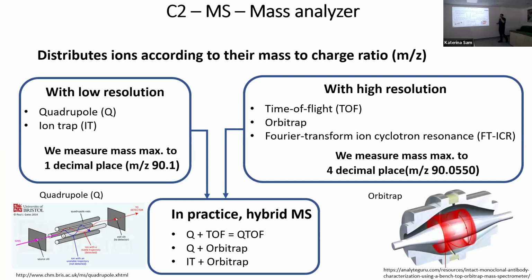Mass analyzer. We have two possibilities: the mass analyzer with low resolution and with high resolution. For you, it's very easy, because the instrument with low resolution measures the mass only to 1 decimal place, but the machine with the high resolution analyzer measures the mass to 4 decimal places.